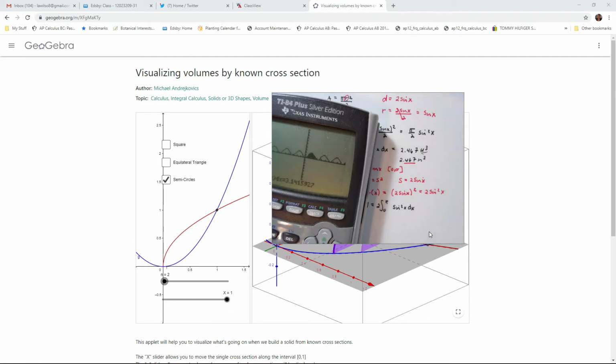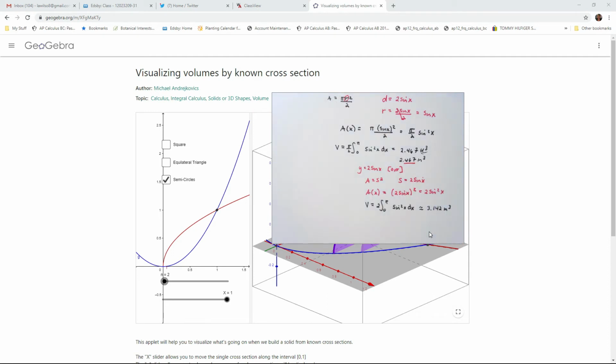It's going to shade in the region, and hey, look at that, the volume is pi. It's 3.142, so I'd say the volume is approximately 3.142 cubic inches. Make sense?